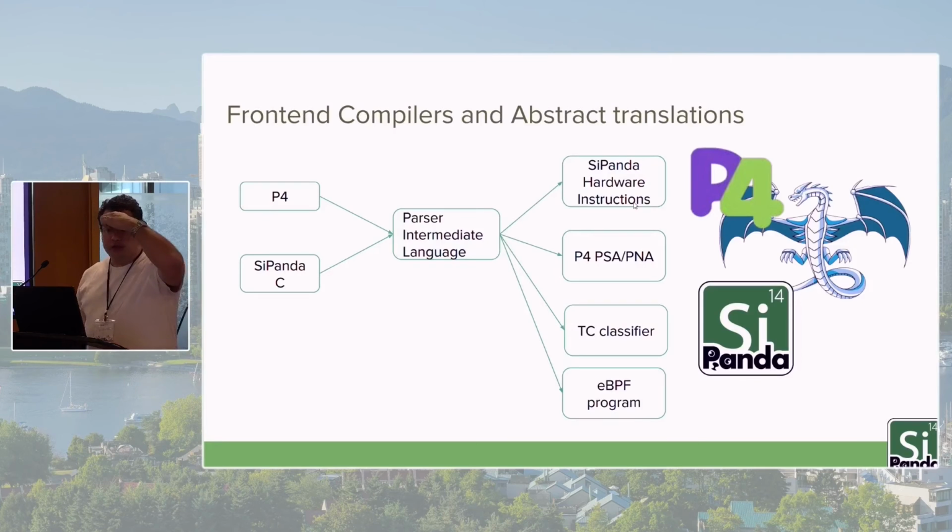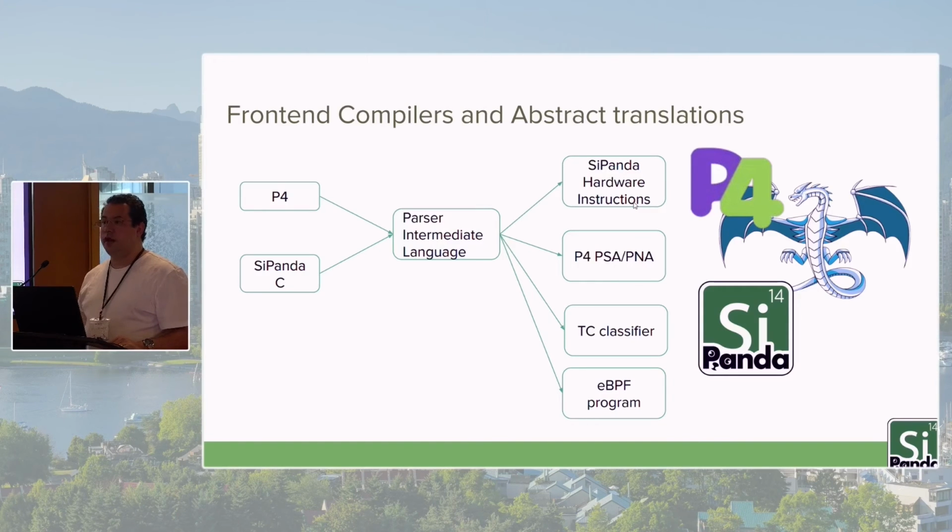So on SciPanda, we do have a backend for P4, which is a proof of concept backend, but it does transform the P4 parser itself to parser intermediate language, which is a JSON definition of a parser.